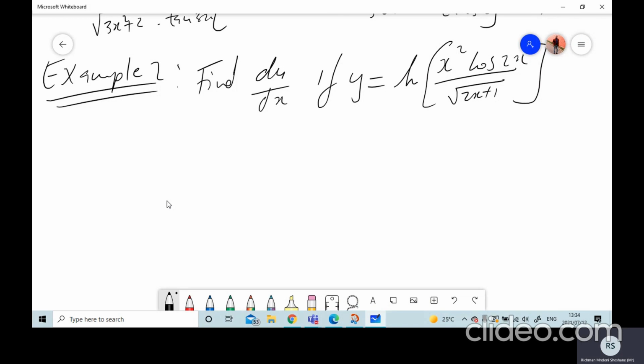As you can see here, my y is ln of a function, and ln here is already given. You don't have to introduce ln. If you have ln of a product or a quotient, as long as you have ln, just apply the log properties.